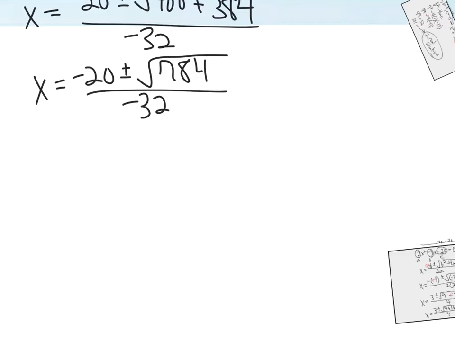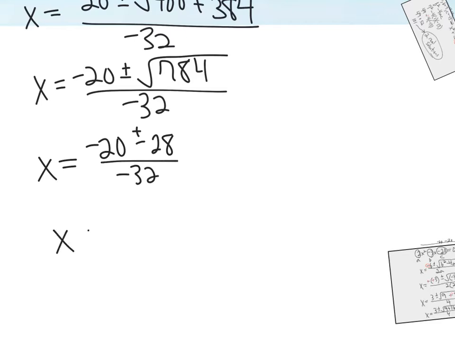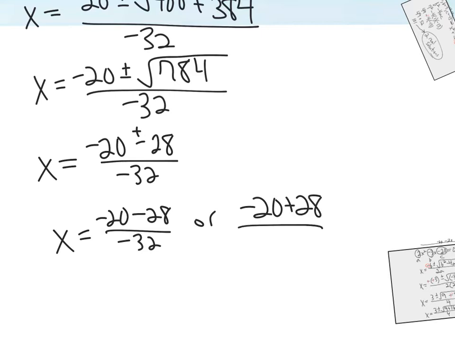So this is not what normally happens, but the square root of 784 is 28. So we've got negative 20 minus 28 all over negative 32, or we've got negative 20 plus 28 all over negative 32.